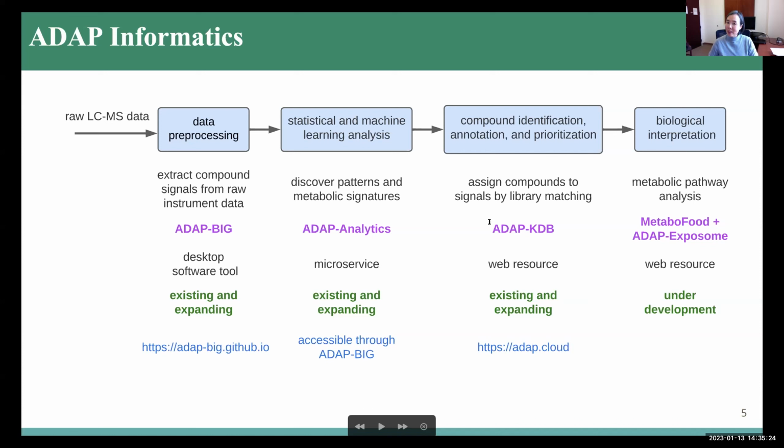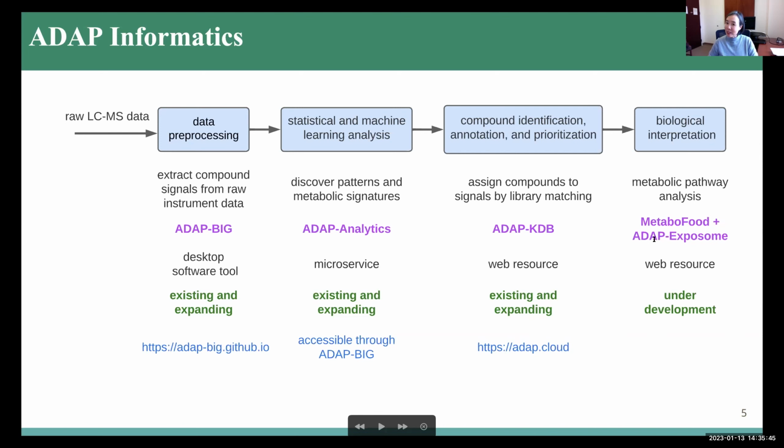For compound identification, annotation, and prioritization, we have been developing a web resource called ADAP KDB. And for biological interpretation, especially for foodome, which is also considered part of the exposome, we have been developing web resources to tackle that.